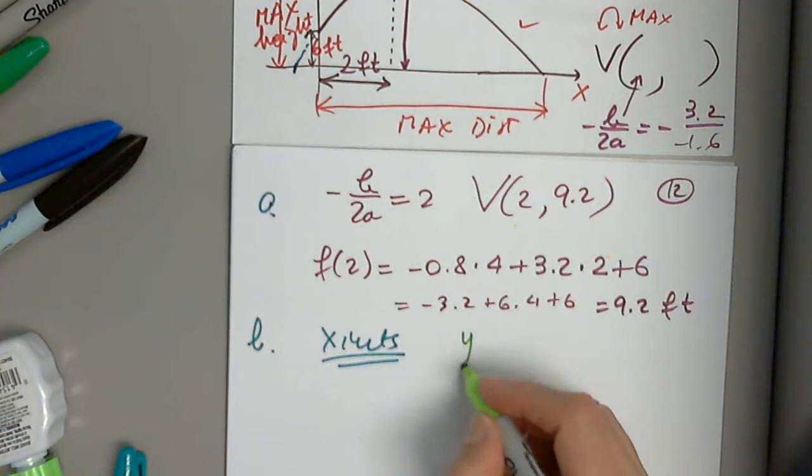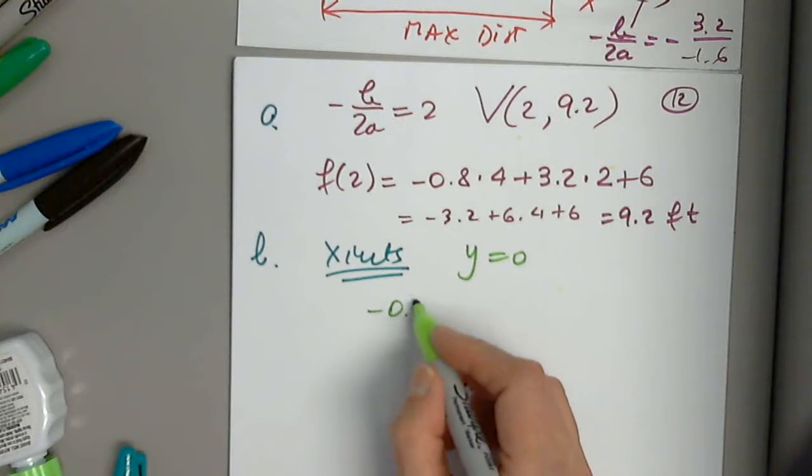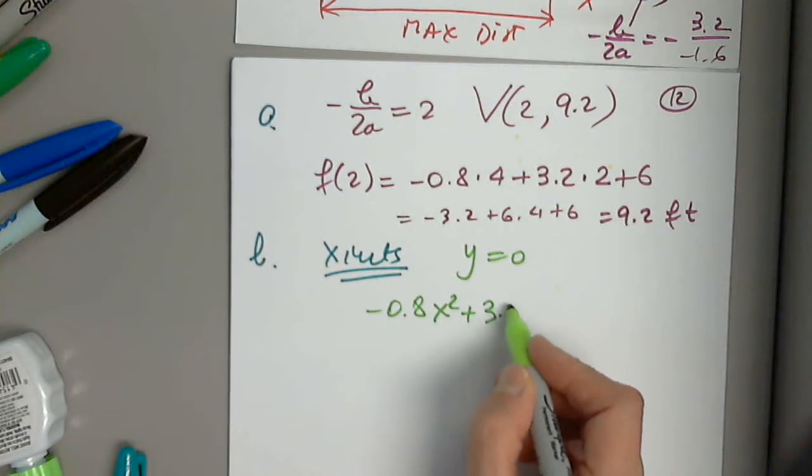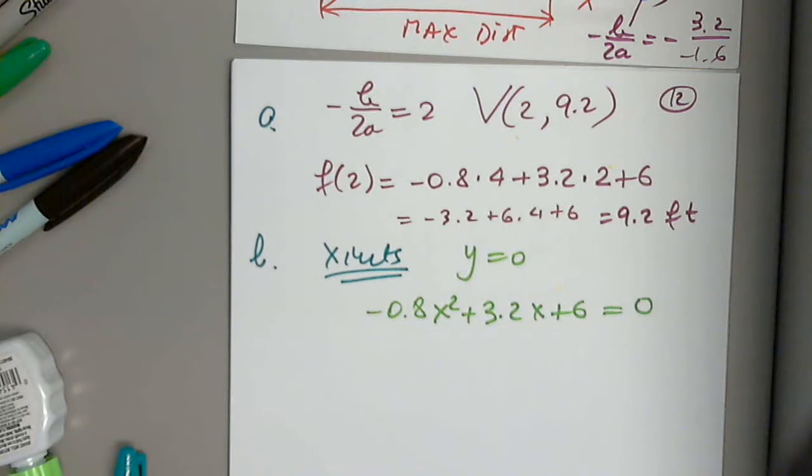Said y equal to 0. Very good. But y is negative 0.8 x squared plus 3.2x plus 6 equals 0. What type of equation is this? Okay, perfect. There is one thing that I want to remove, which is the negative leading coefficient.